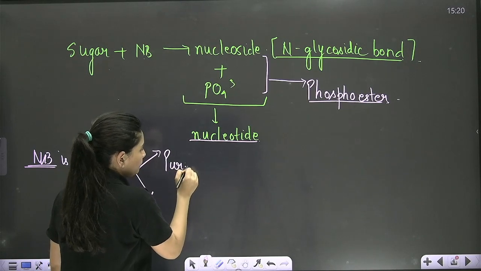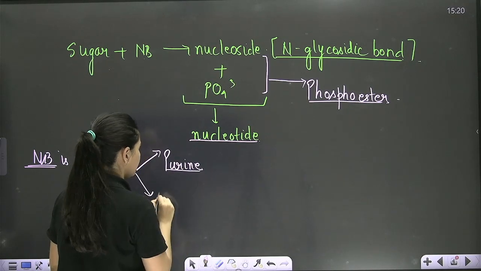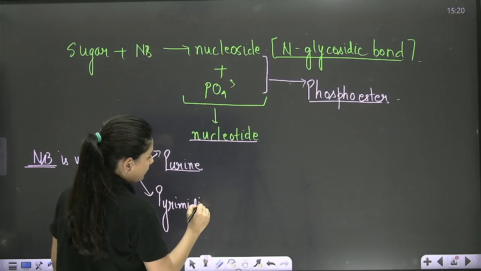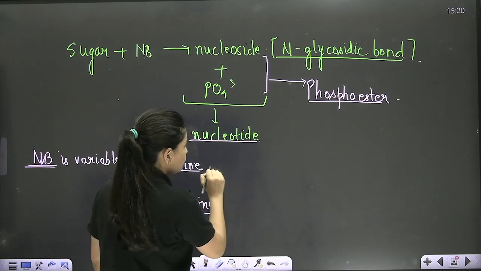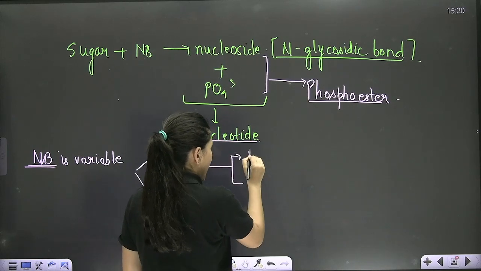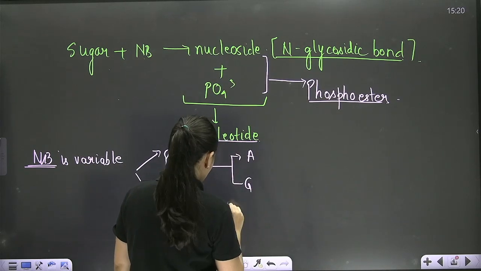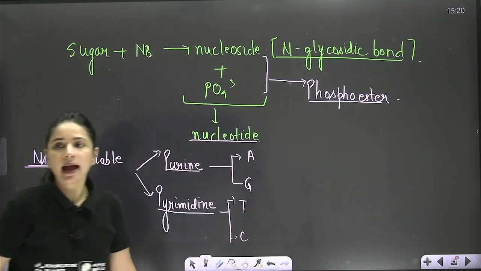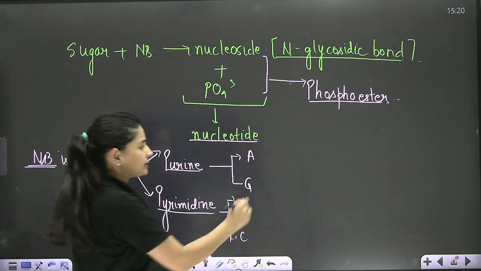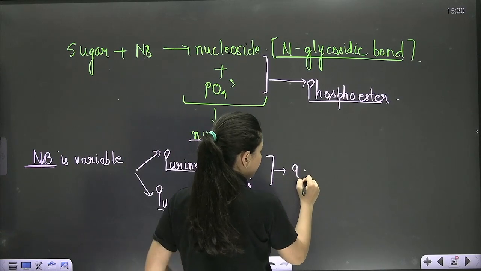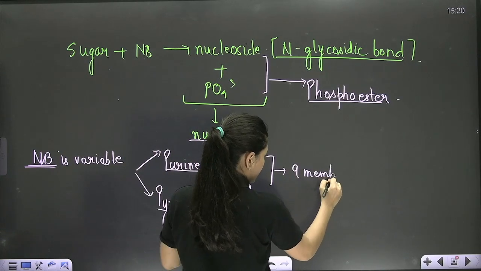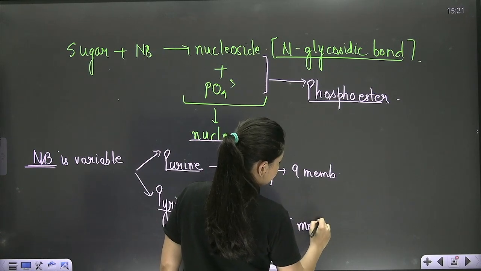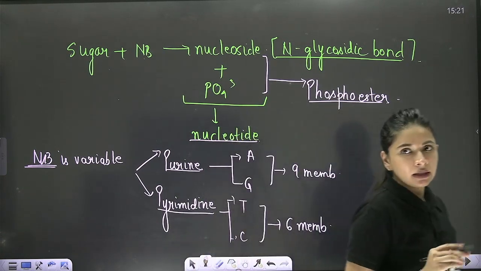Purines and pyrimidines. Purines are 2, adenine and guanine, and pyrimidines in DNA are again 2, thymine and cytosine. Purines are 9-membered compounds, whereas T and C pyrimidines are 6-membered heterocyclic compounds.